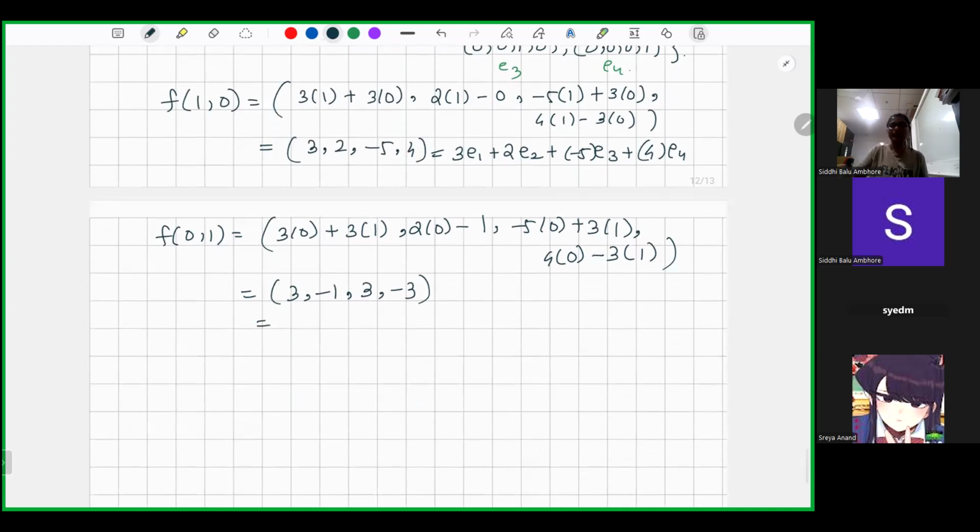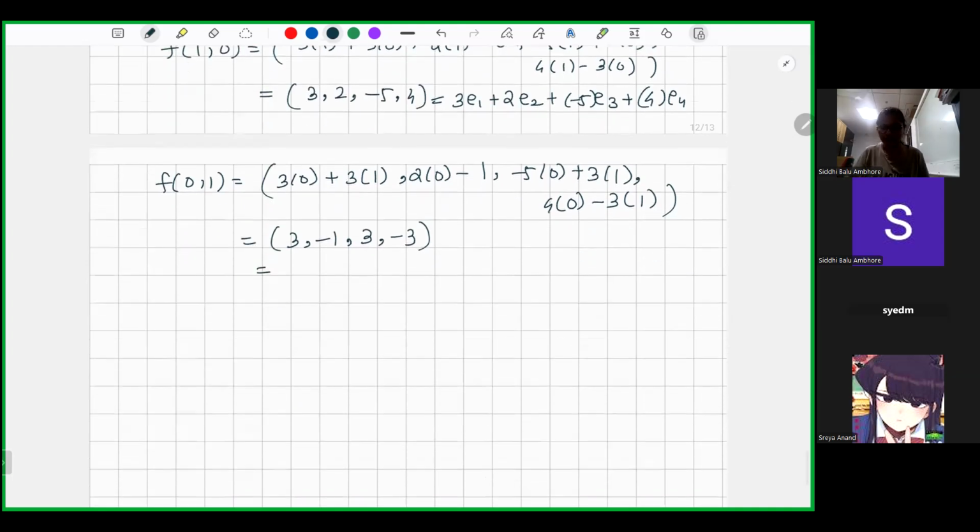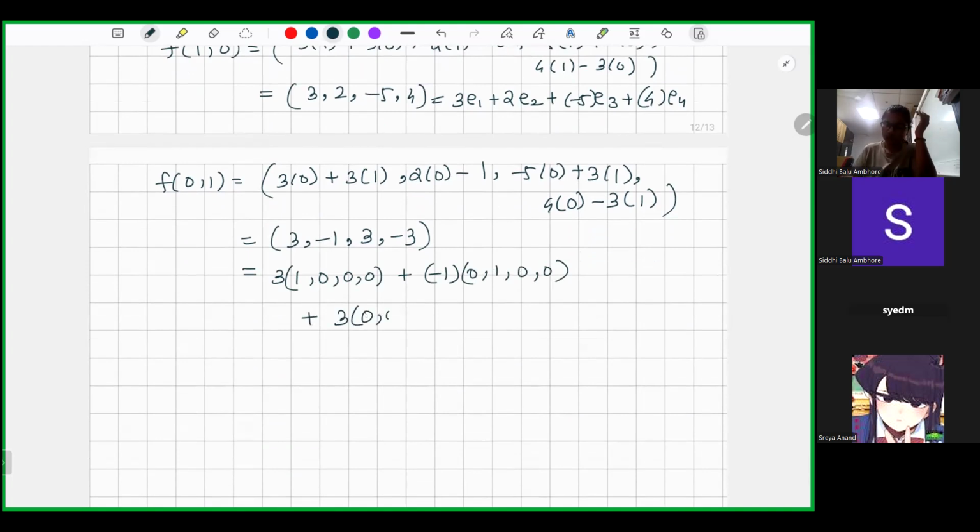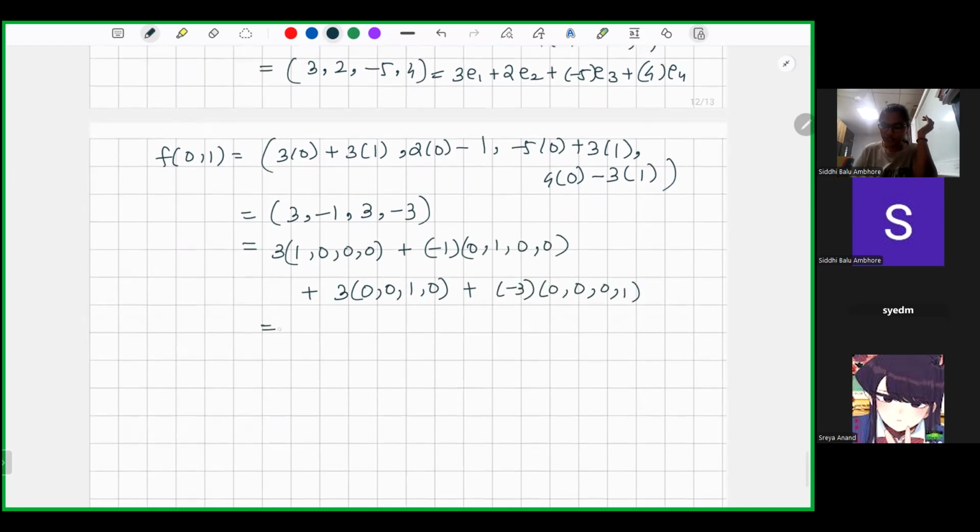I'm writing it in shorthand, but here since we have space, this is 3 into 1, 0, 0, 0 plus minus 1 into 0, 1, 0, 0 plus 3 into 0, 0, 1, 0 plus minus 3 into 0, 0, 0, 1, right? So this is my 3E1 minus 1E2, 3E3 plus minus 3E4, right?